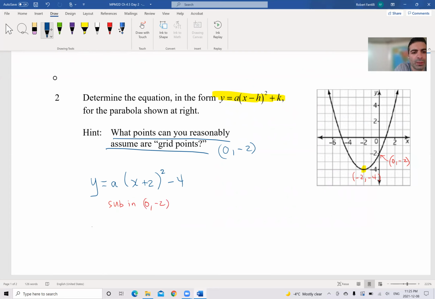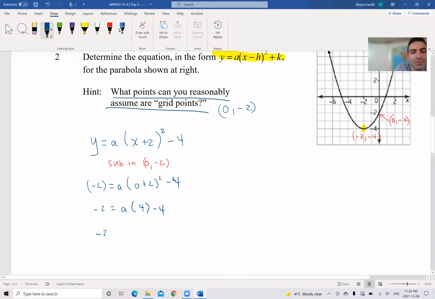So I get -2 = a(0 + 2)^2 - 4. And I get -2 = a times 2 squared, which is 4, minus 4. So this is really -2 = 4a. We write the 4 in front of the a.